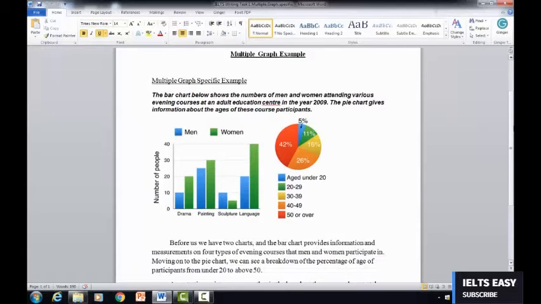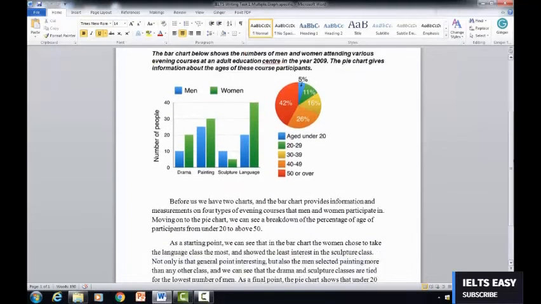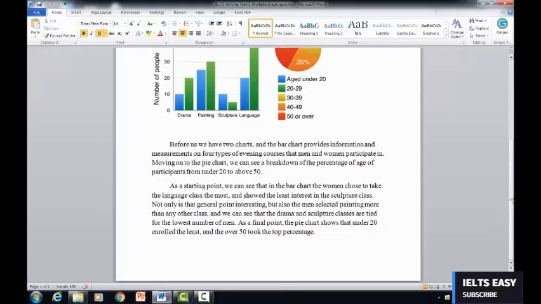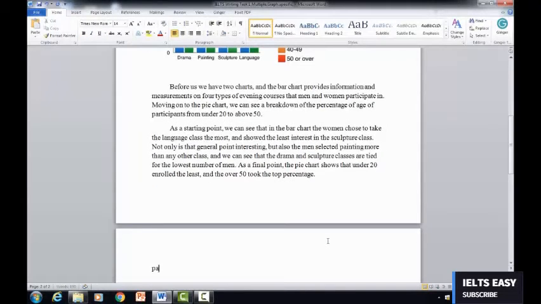In our introduction, we don't talk about numbers. In our general overview, we don't talk about numbers. Now we're going to talk about the numbers. I'm doing this for your benefit so you can see what we're doing.